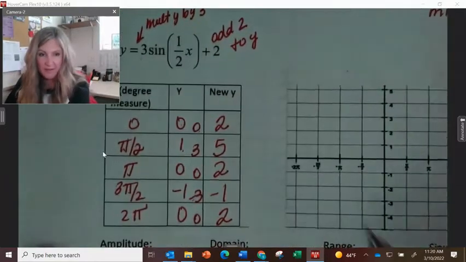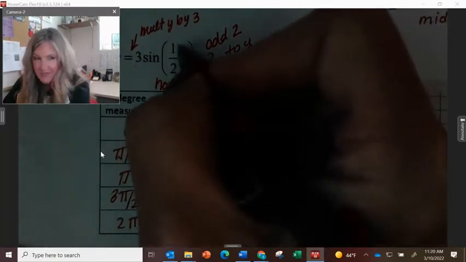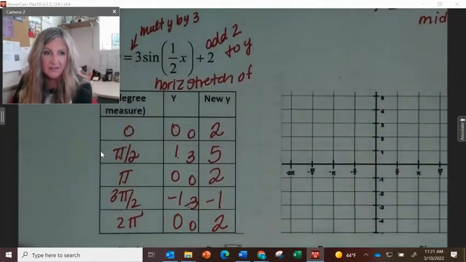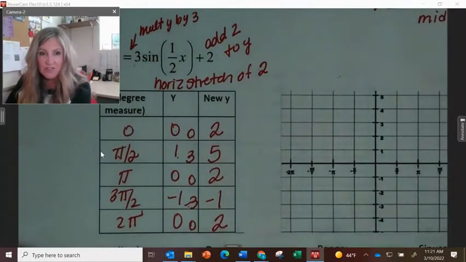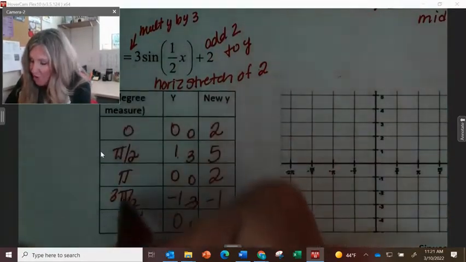Okay? Now, when I replace x with a 1/2 x, that is going to be a horizontal stretch of the reciprocal of this. So the reciprocal of 1/2 is 2. So we're going to have a horizontal stretch of 2. So I have to take all my x's.